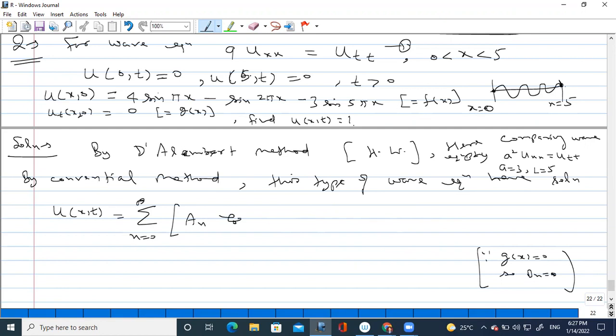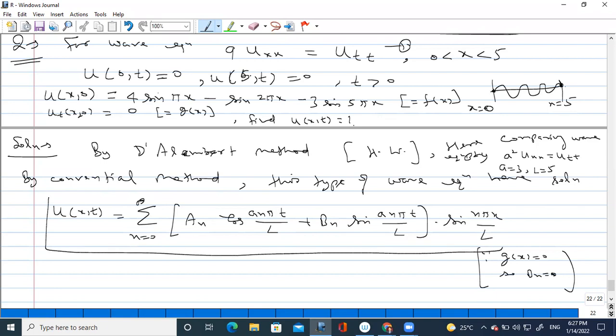An cos(a n pi t by L) plus Bn sine(a n pi t by L) into sine(n pi x by L). So this was my formula. This same formula I have written here. So the conventional method is that for this type of equation, this will be my formula.